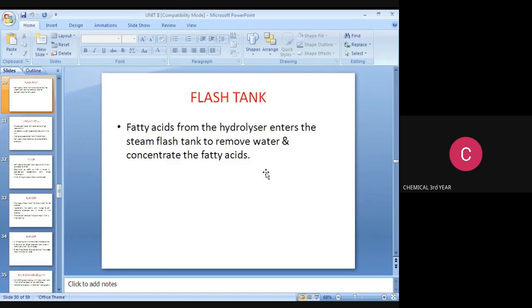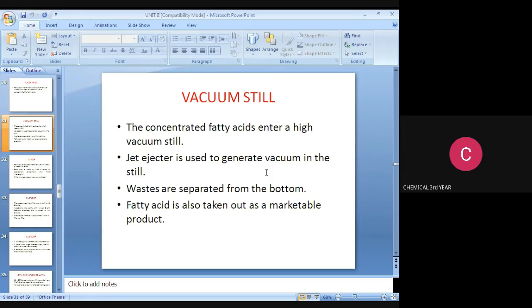The fatty acid, the top product of the hydrolyzer, enters the flash tank to remove water and concentrate the fatty acids. And then the vacuum still. The concentrated fatty acid enters a high vacuum still. The jet ejector is used to generate vacuum in the still.